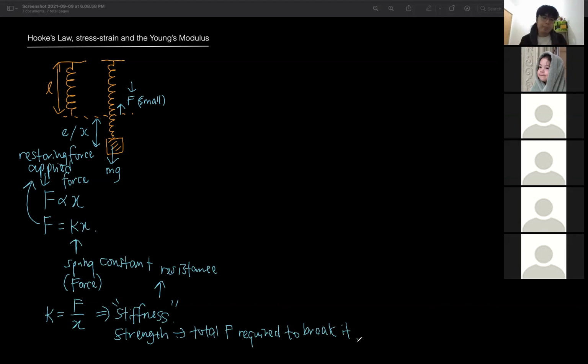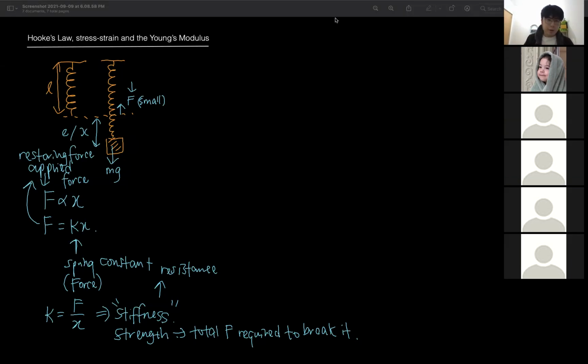Two different things. Generally they are kind of related, but not directly related. So usually high stiffness will have high strength, but not necessarily, not all the time. So that is the difference between stiffness and strength. Here we are talking about the spring stiffness, the spring constant.